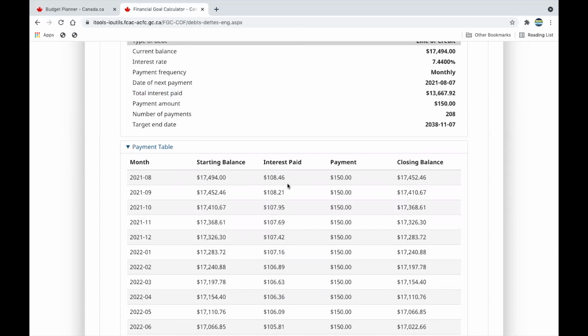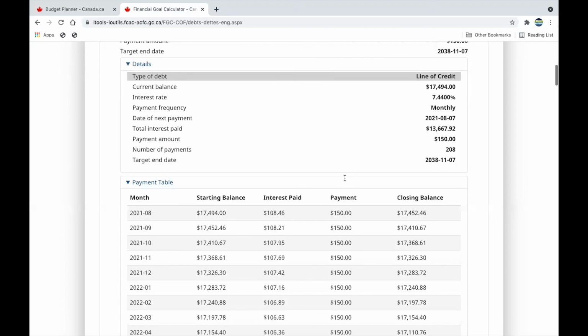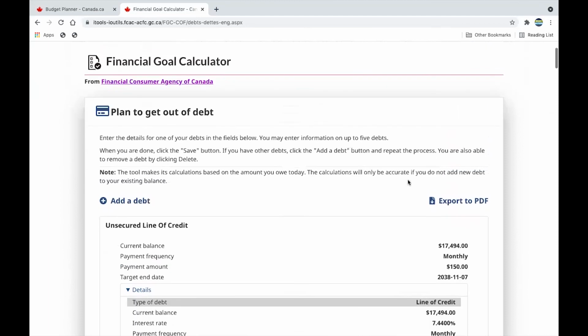So realistically, because you're paying 108 in interest, that means you're making around 42 a month in progress. So it's going to take you a long time to pay off this line of credit, right?